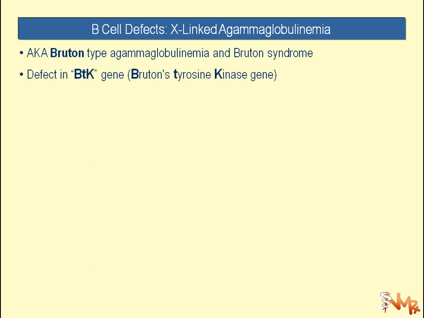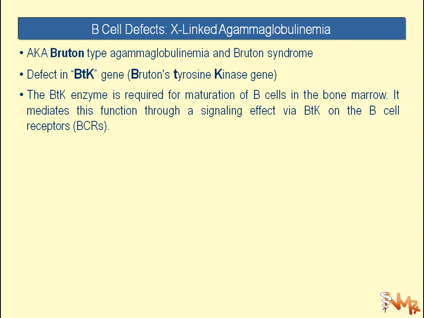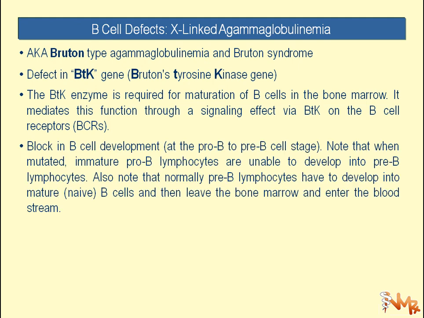The defect, as you can tell from the name of this gene, is in the BTK gene that stands for Bruton tyrosine kinase. This enzyme is required for maturation of B cells in the bone marrow. It mediates this function through a signaling effect via the BTK protein on the B cell receptors. As a result of this defect, there is a block in B cell development at the pro-B to pre-B cell stage.